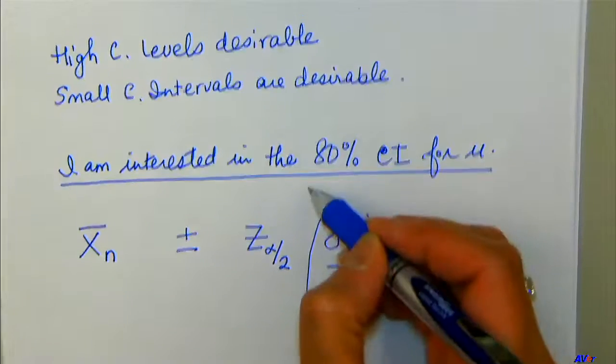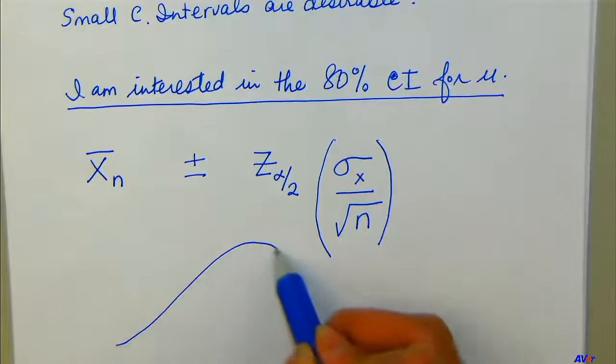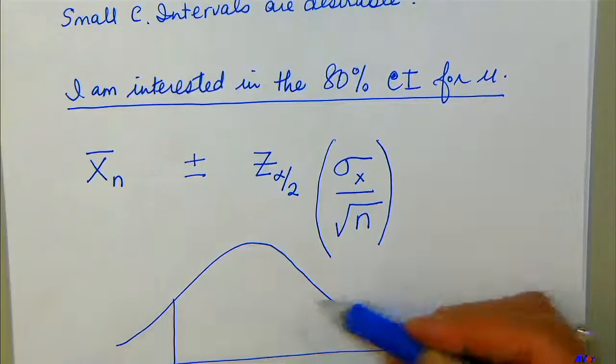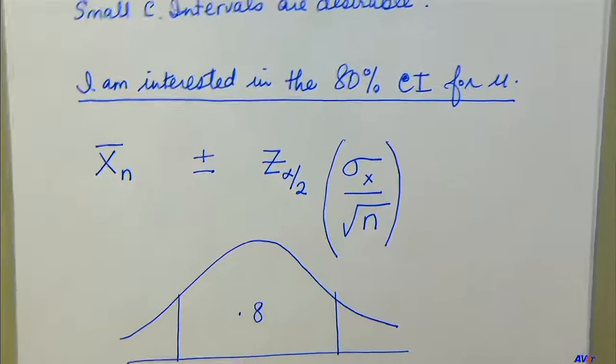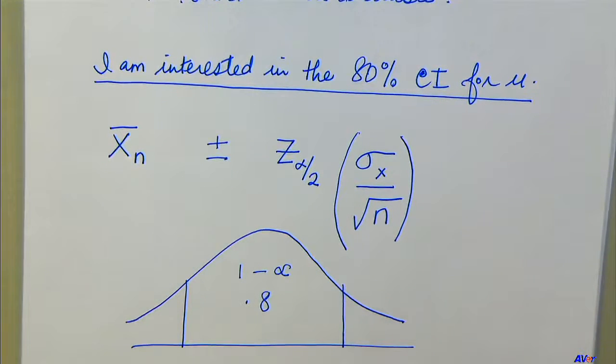So it's saying if you're interested in the 80% CI, simply take your Z curve, stick the 80 in the middle like this. That's equal to 1 minus alpha. We know that the total area under the curve is 1.